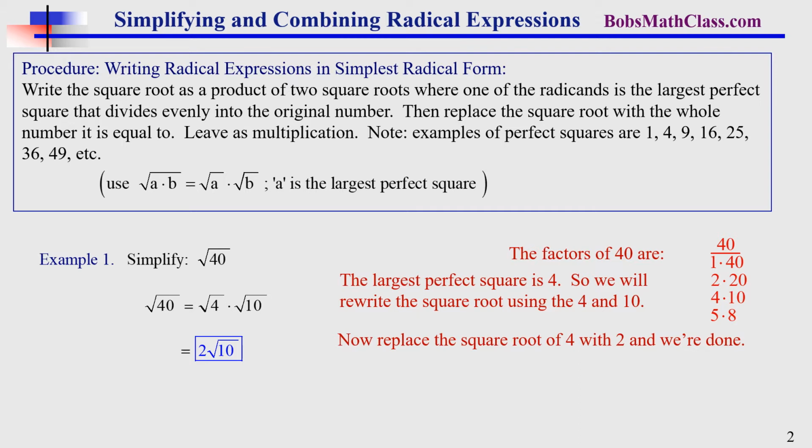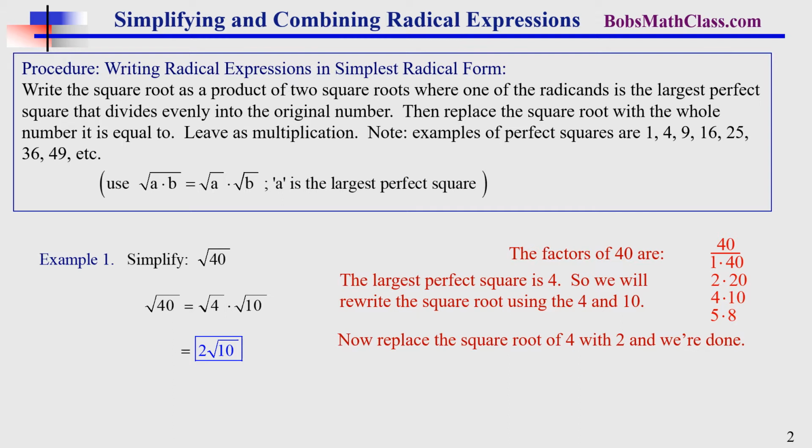On your Casio, if you have a Casio, or some TIs, Texas Instruments, you could probably just type in the square root of 40, and it'll give you 2 square root 10 automatically without doing this. We still want to learn the procedure because it's not going to do it for everything.